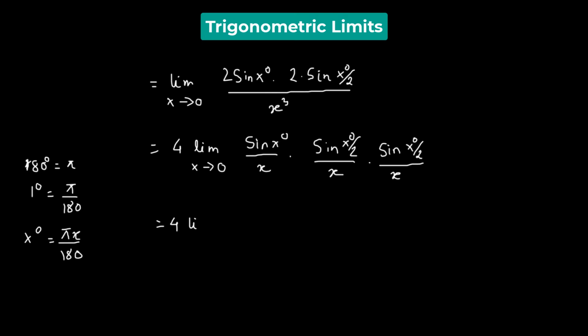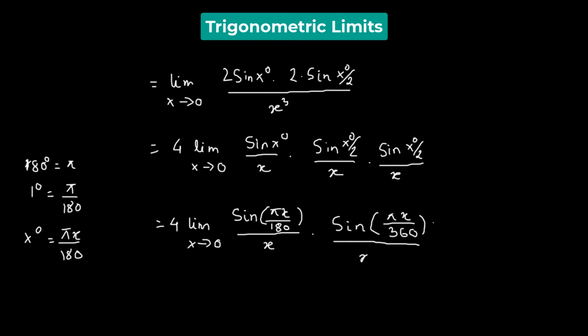That gives us 4 times limit x tending to 0 of sine pi x over 180 divided by x times sine x degree over 2, which will become pi x over 2 times 180, which is 360, divided by x times sine pi x over 360 divided by x.